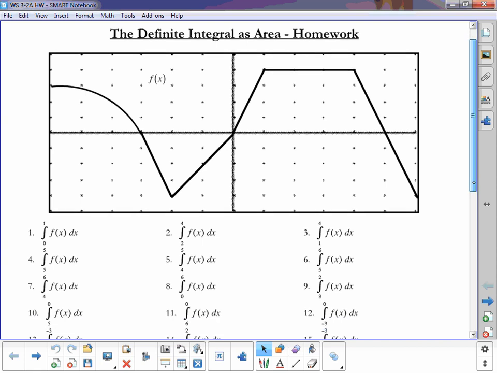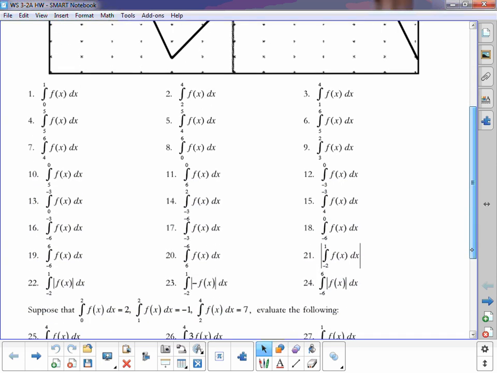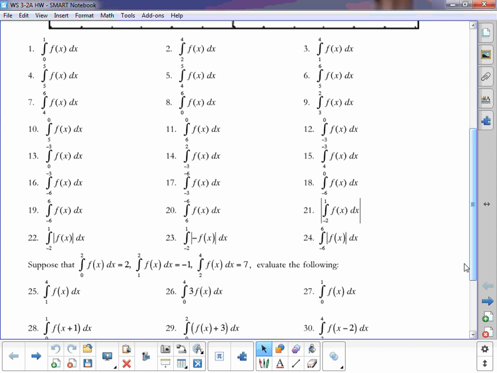Alright, I want to take a look at a couple specific ones on here. Let's start off with their absolute values, the 21 through 24. And then we'll take a look at our transformations, the 28. Alright, so 21 through 24.